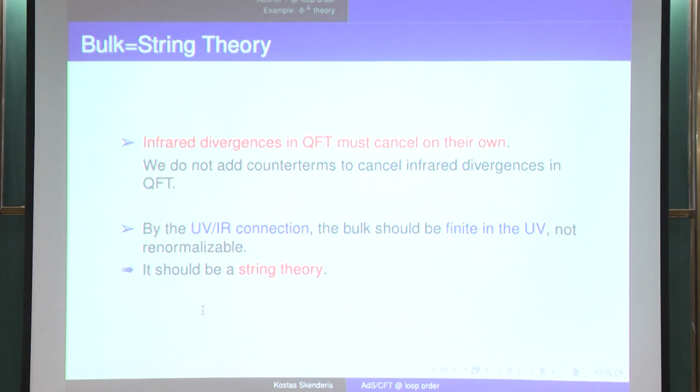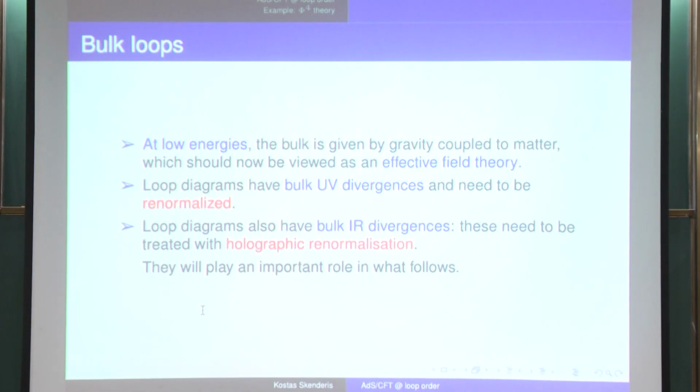Okay, so bulk loops. This is the start of the discussion of bulk loops. So at low energies, again, the bulk is given by gravity coupled to matter. And now, of course, at low energies, this should be viewed as an effective field theory.